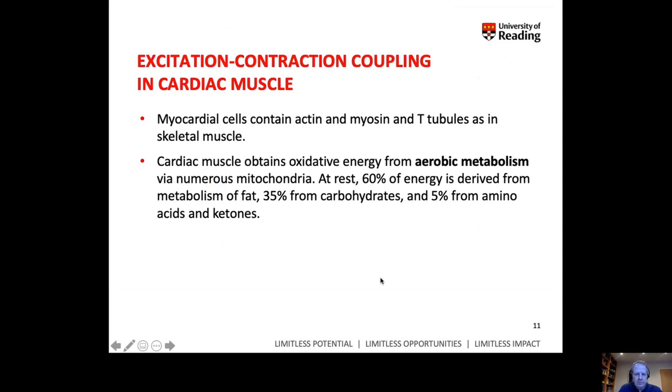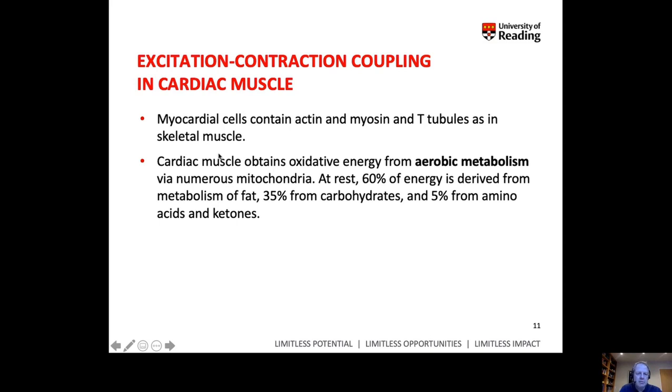So let's spend a little bit of time considering excitation contraction coupling in cardiac muscles and some of the structures that are important for function. Myocardial cells contain actin and myosin, the same way as we described for skeletal muscle, and they also contain T tubules. What is slightly different is, remember we talked about red and white muscle fibers.